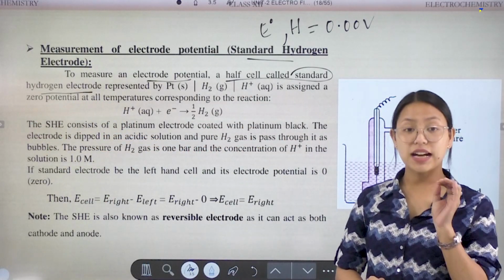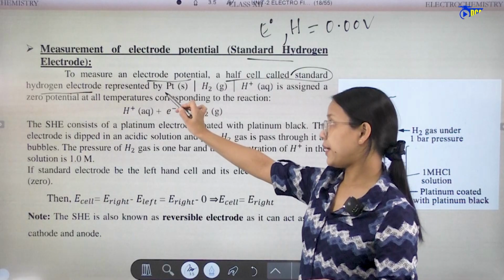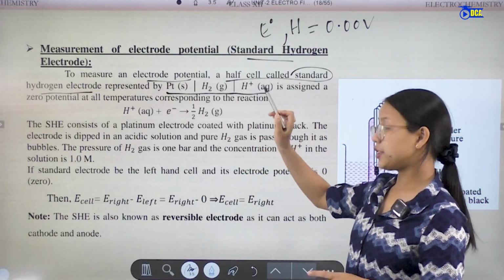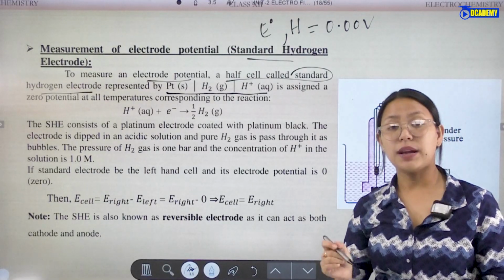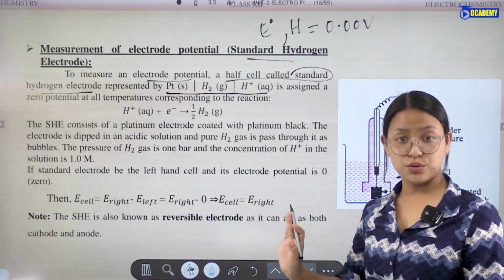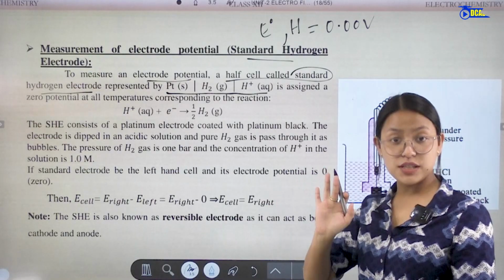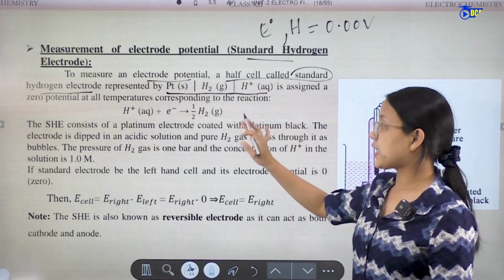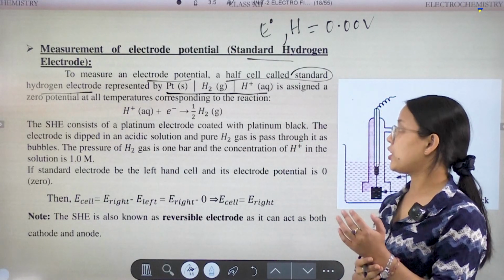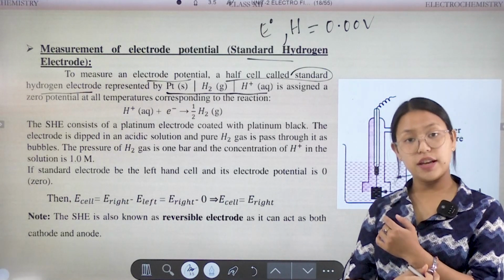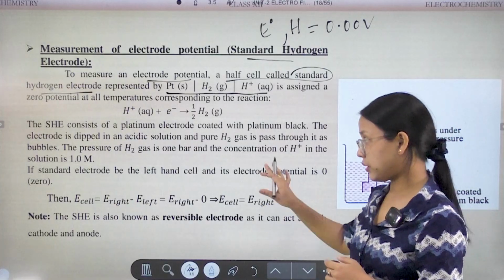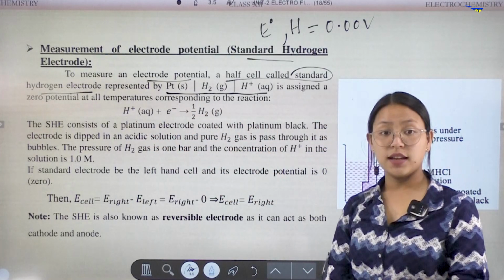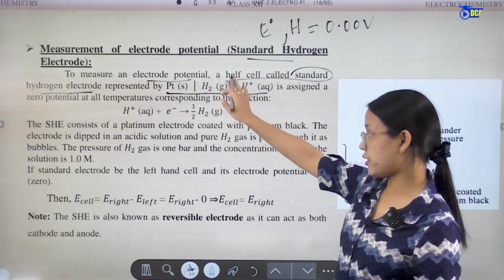It is represented by platinum, H2 and H plus aqueous, that means platinum, H2 and H plus. Then it is assigned a zero potential at all temperatures corresponding to the reaction. The reaction corresponds to the cell representation.